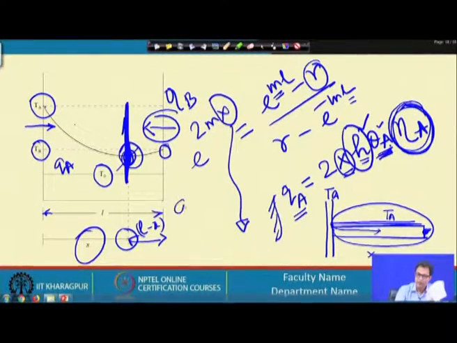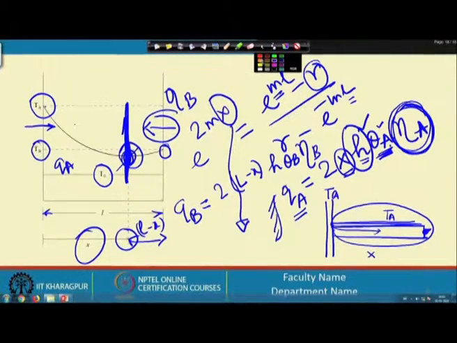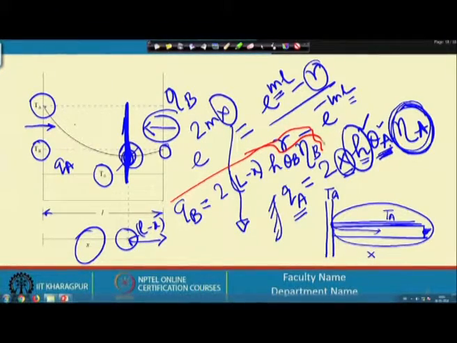Similarly, we would be able to calculate Q B, and you will find Q B would be 2 (L minus x) into h into theta B, and then eta B. This is the amount of heat getting transferred from the wall B to the fluid.